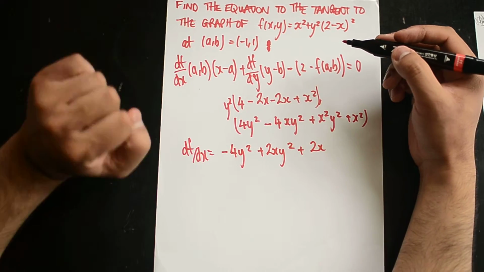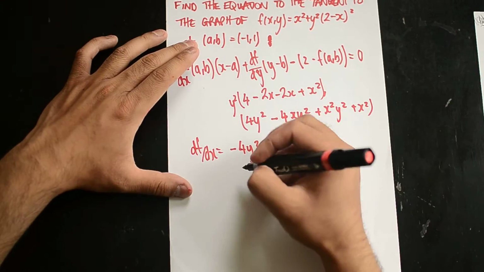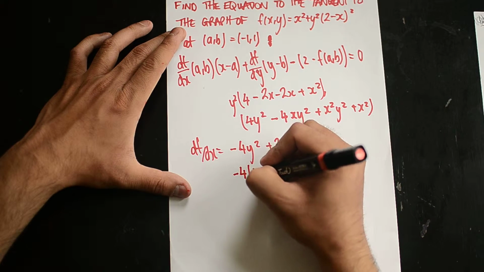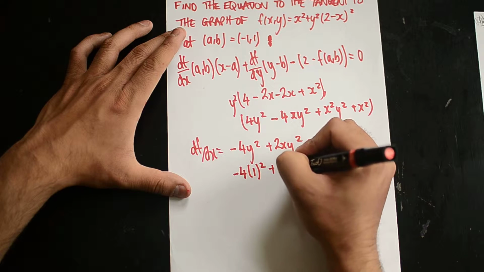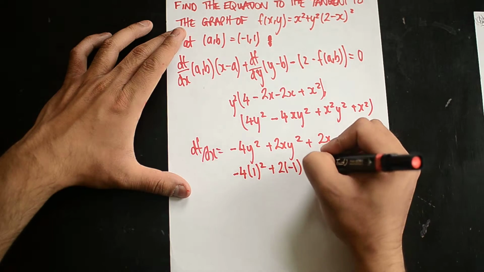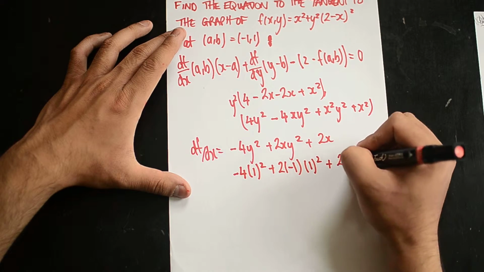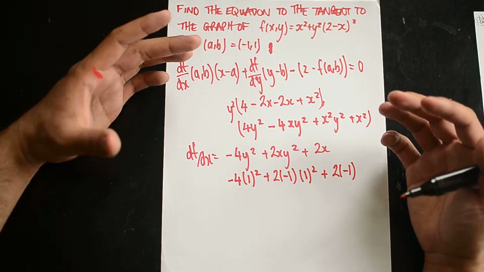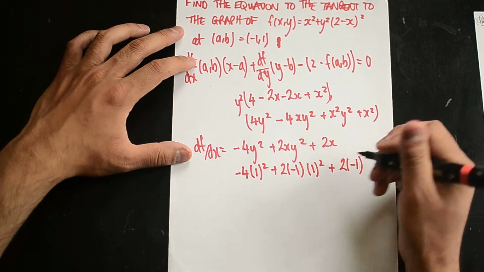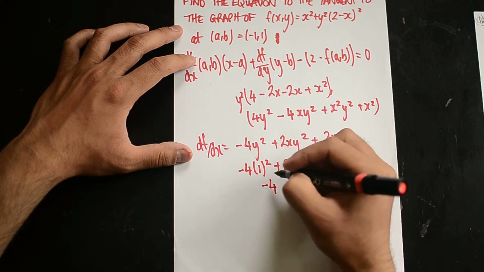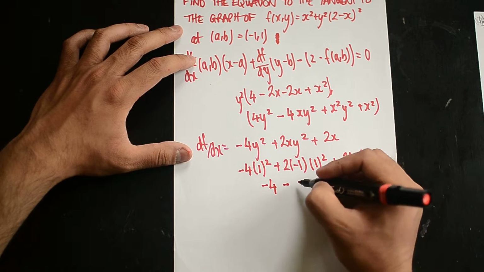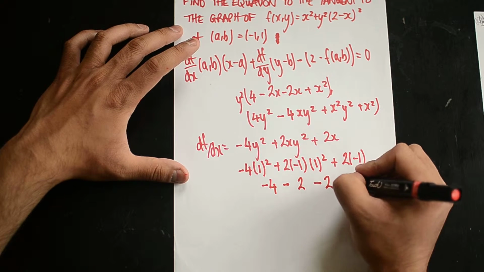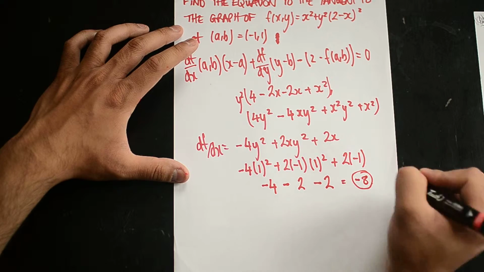I know that a is -1 and b is 1, so that means minus 4 times 1 squared, plus 2 times minus 1 times 1 squared, plus 2 times minus 1. Be very careful with brackets here when you've got a negative. That's minus 4 minus 2 minus 2. So now here I'm going to get minus 8. That's my answer for that.